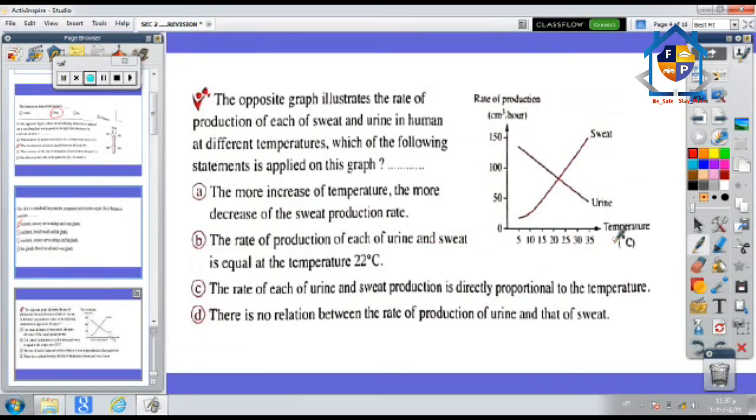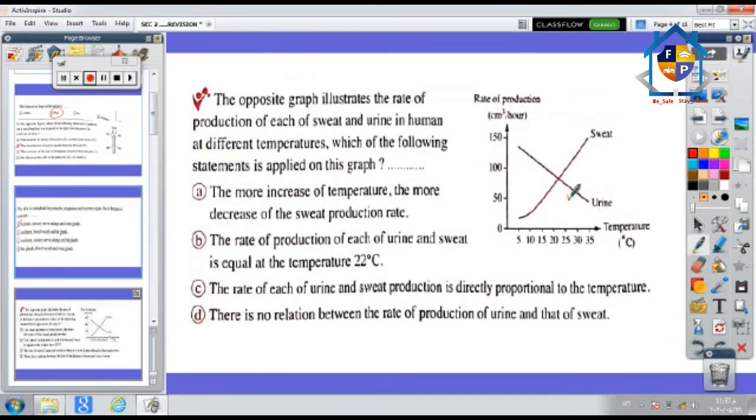When the temperature increases, the rate of sweat increases, while the amount of urine produced decreases. So they have an inverse relation.